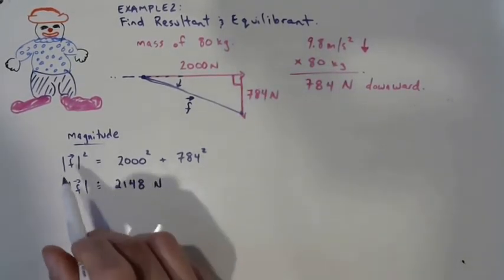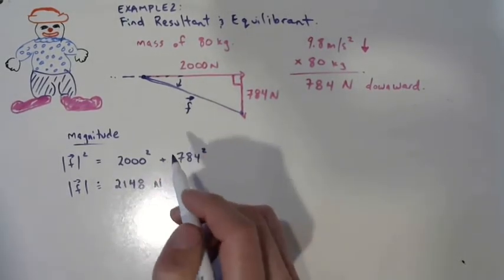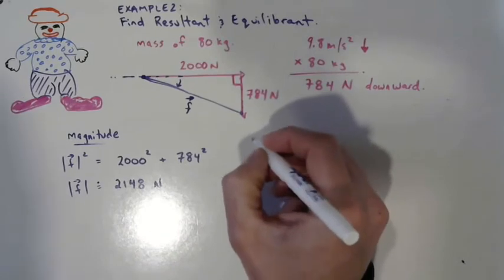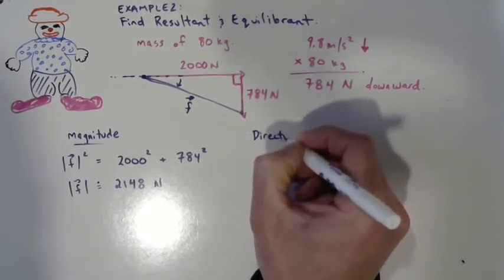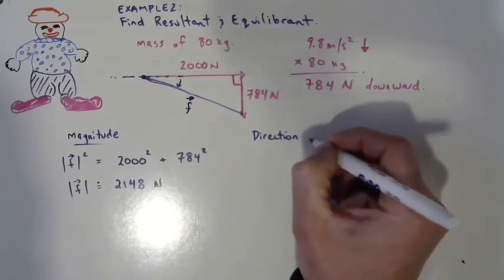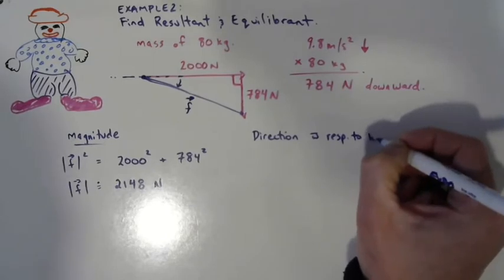Okay, so we have the magnitude of the force here, and now to get this angle, we're simply going to use trig, angle or direction with respect to horizontal.